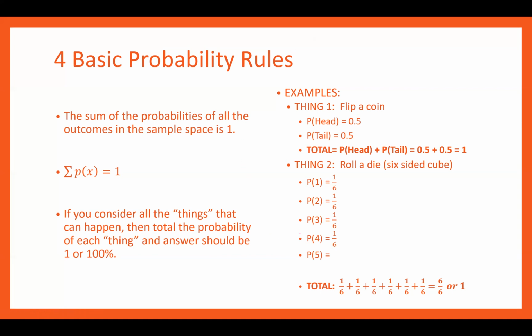Probability of 5 is 1 out of 6, and a probability of rolling a 6 would also be 1 out of 6. That's the 6 things that can happen when you roll that 6-sided cube. Well, if you add all of those up, 1/6 plus 1/6 plus 1/6 plus 1/6 plus 1/6 plus 1/6, you get 6 over 6, or 1, or 100%.